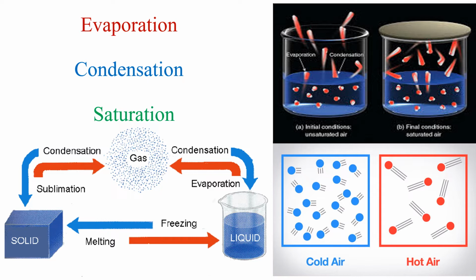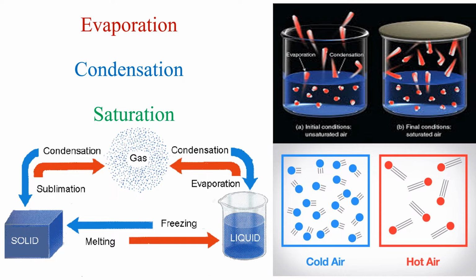At the surface, molecules with enough speed would occasionally break away from the liquid surface and enter into the air above. These molecules, changing from the liquid state into the vapor state, are evaporating. That's called evaporation.